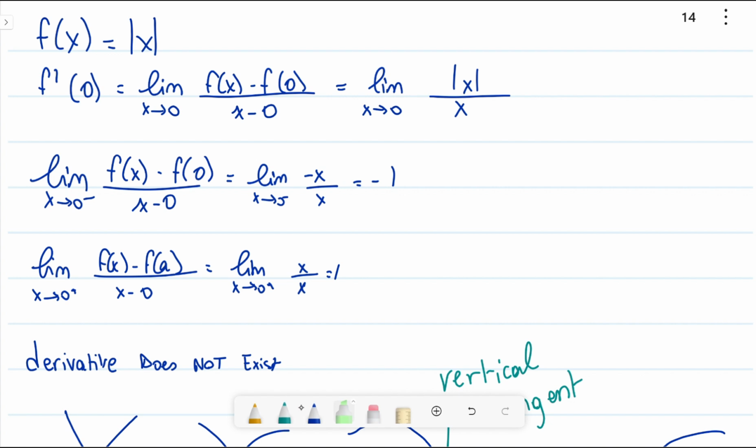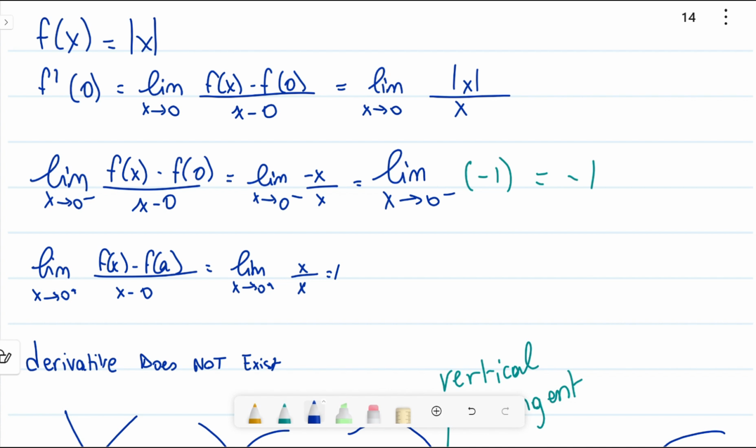So let's compute this limit. I will write it in more detail: limit as x approaches 0 from the left of negative x divided by x. I can cancel the x from the numerator and the denominator to leave me with a negative 1. So this becomes negative 1 because the limit of the constant is the constant itself.